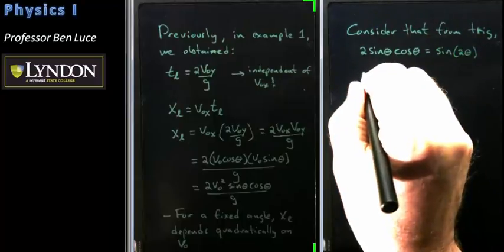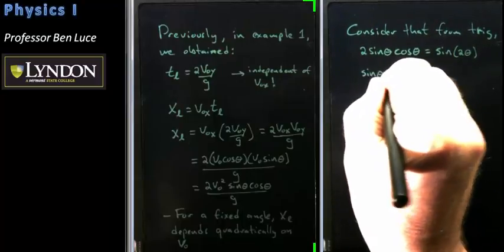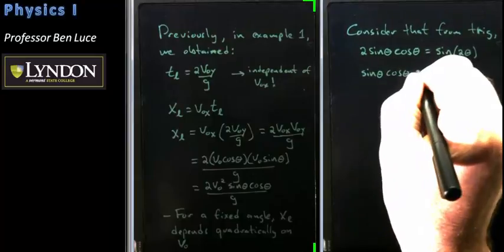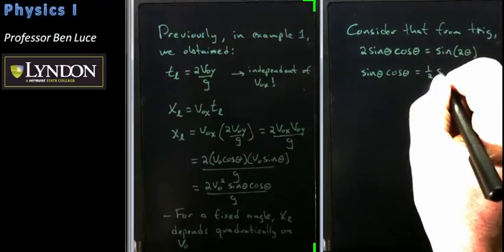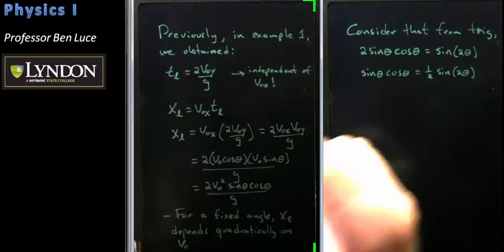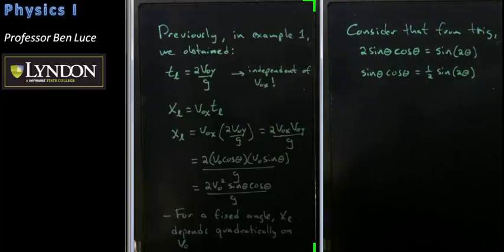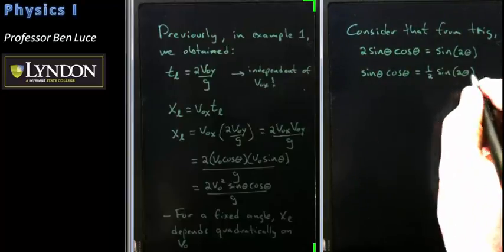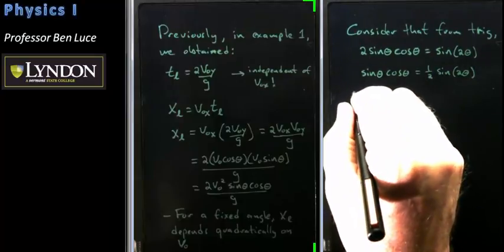So from here, let's divide through by 2, and we can rewrite this as 1/2 times sine of 2 theta.